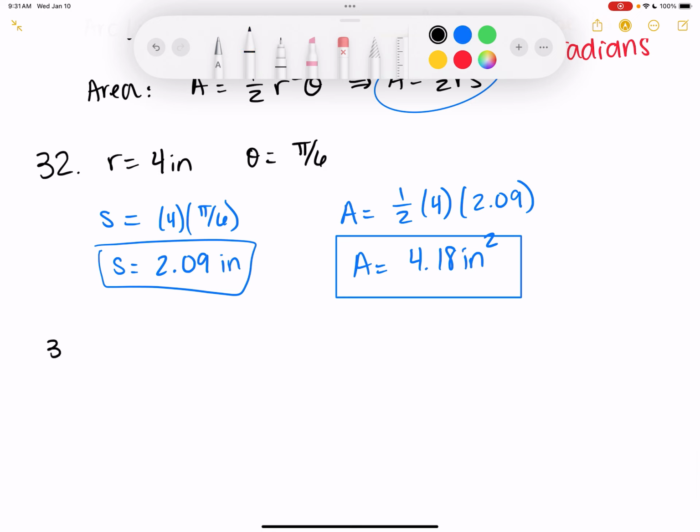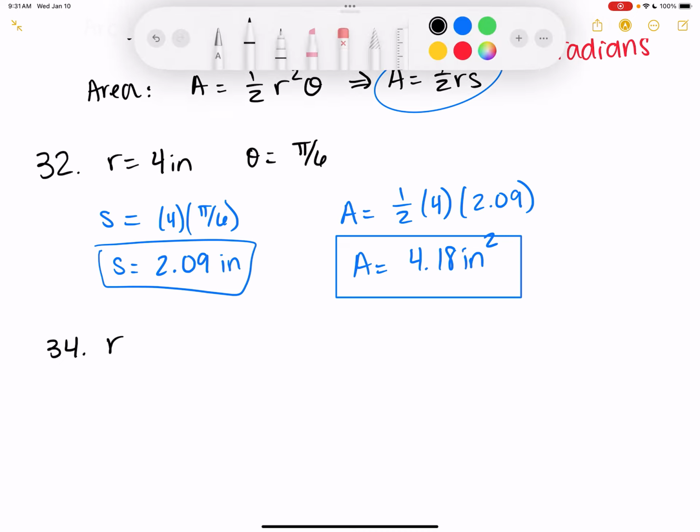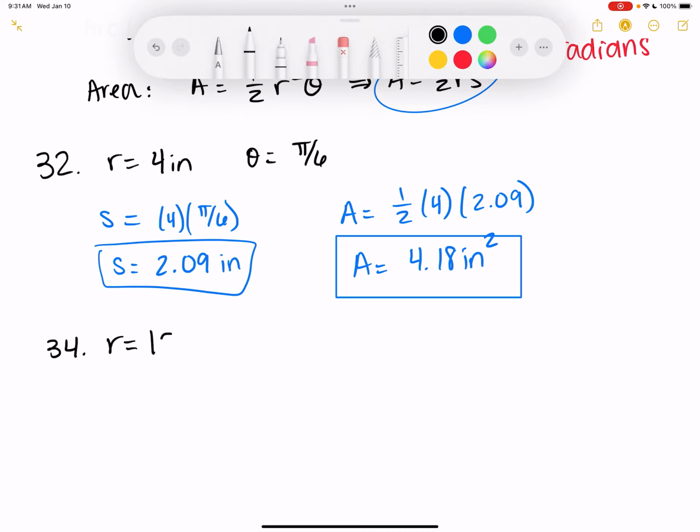All right, 34. R is equal to 15 centimeters. Theta is 45 degrees. So what do we notice? We need to convert it. So how do I do that?